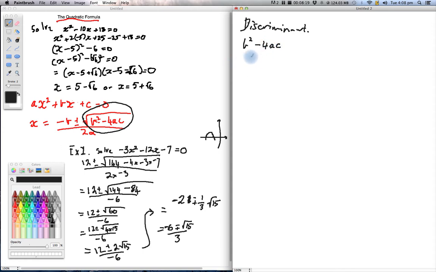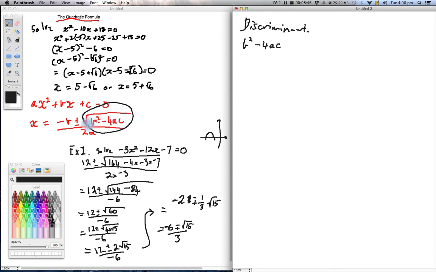The reason it's important is because we've always got two solutions if this thing here is a number. Here it was the square root of 15, plus or minus the square root of 15. So we've got two solutions, which we'll always have if this discriminant exists.